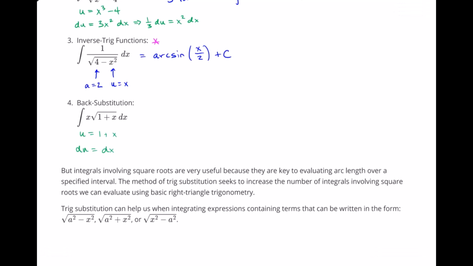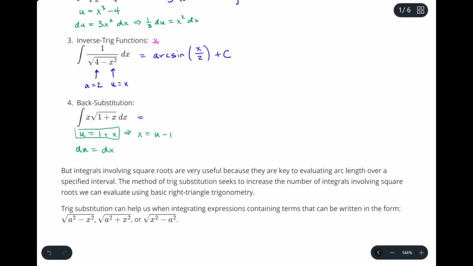But this right here, this is just a function, and you're allowed to manipulate functions as you want. And it's not common, but you really can take this and solve it for x. And so you could say x is equal to u minus 1. And again, that's not common, but it is a valid technique. And it actually gives us something to substitute the variable x with.